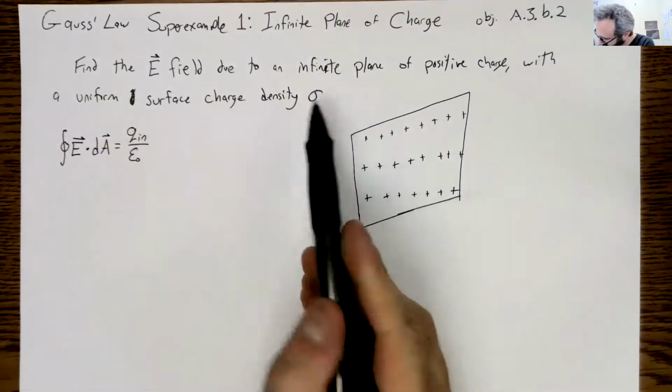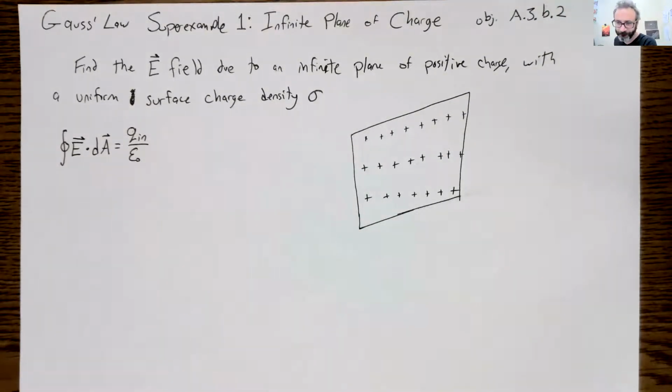Can anybody tell me what units sigma would have to have if we're talking about a charge per area? It has to be at least meters in there, meter squared. It does have to be a meter squared in there, right? Because we're talking about how much charge per area. But what other unit would need to be in there? Charge per area, that's what the surface charge density is.